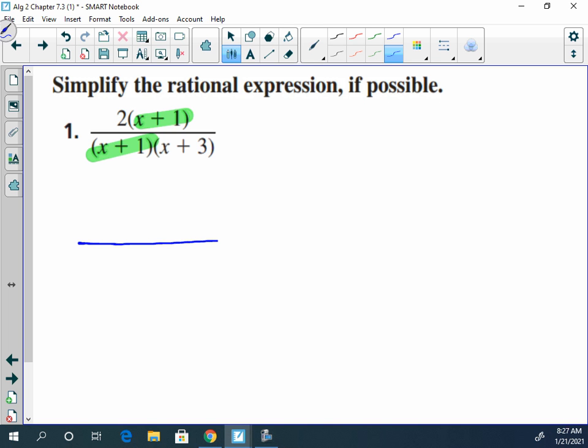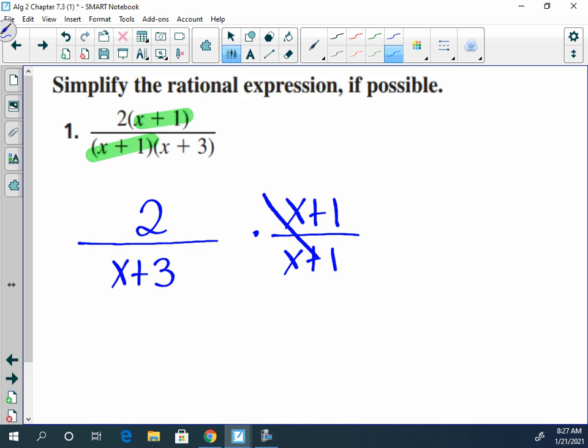So what's left on top? And what's left on bottom? And that's simplified. Because really it's almost like this is being multiplied by x plus 1 over x plus 1, and anything divided by itself is 1. It simplifies out. And that's really what we're doing.